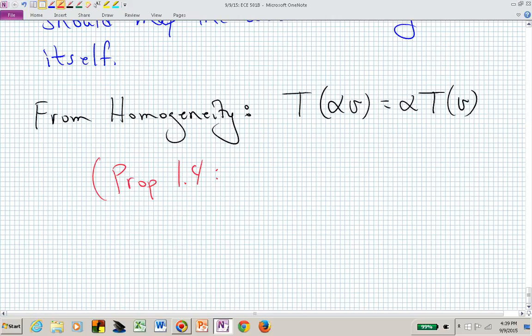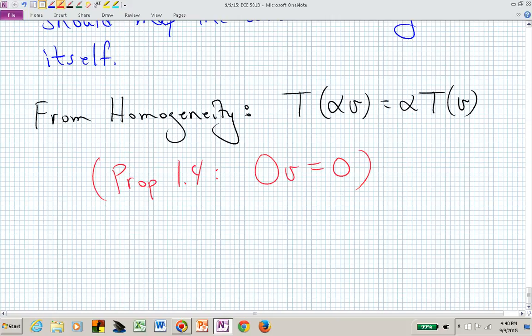I'm sure you all have that memorized. And class, what is that? That says that 0v, so we scale a vector with the zero scalar, and what does that give us? 0.